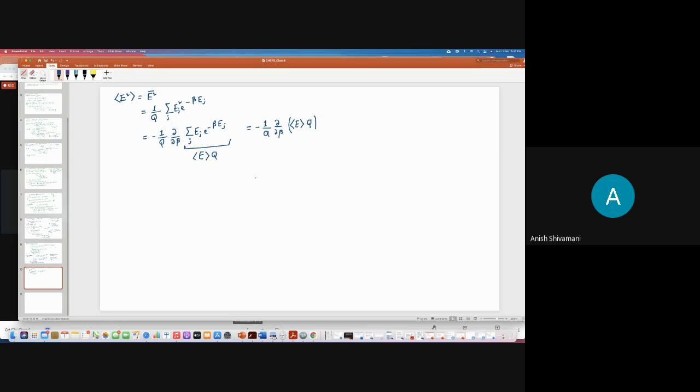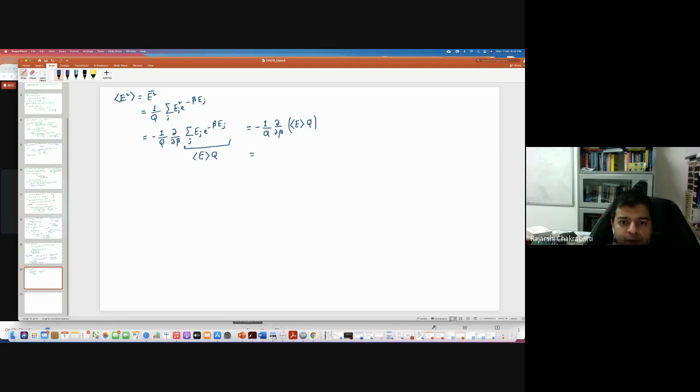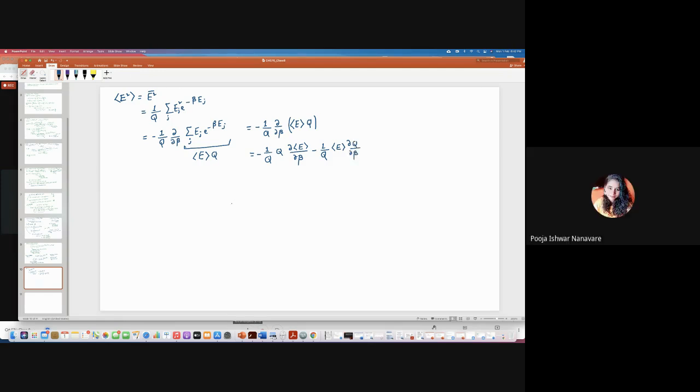Now the next thing would be 1 over Q. So if I take the derivative of that, of course, what am I going to get? The first term is going to be Q.